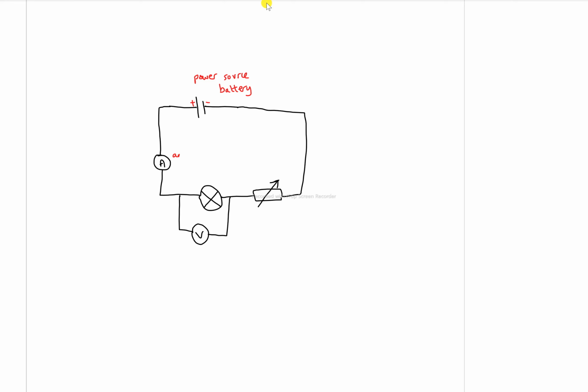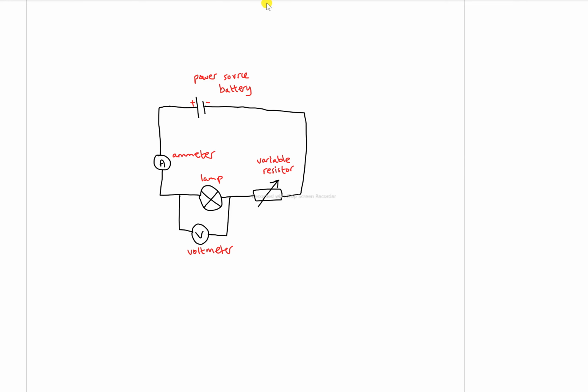That's your ammeter. That's your filament lamp. That's your voltmeter. This is your variable resistor.